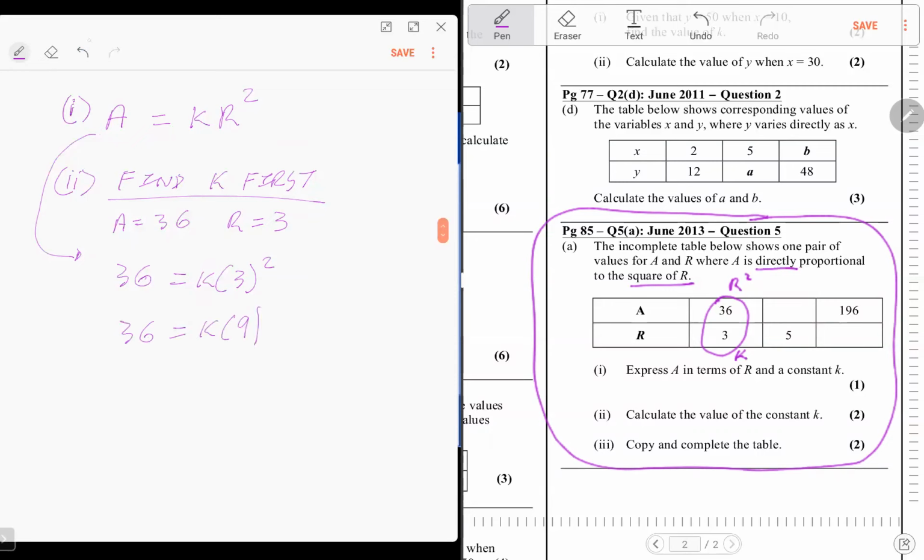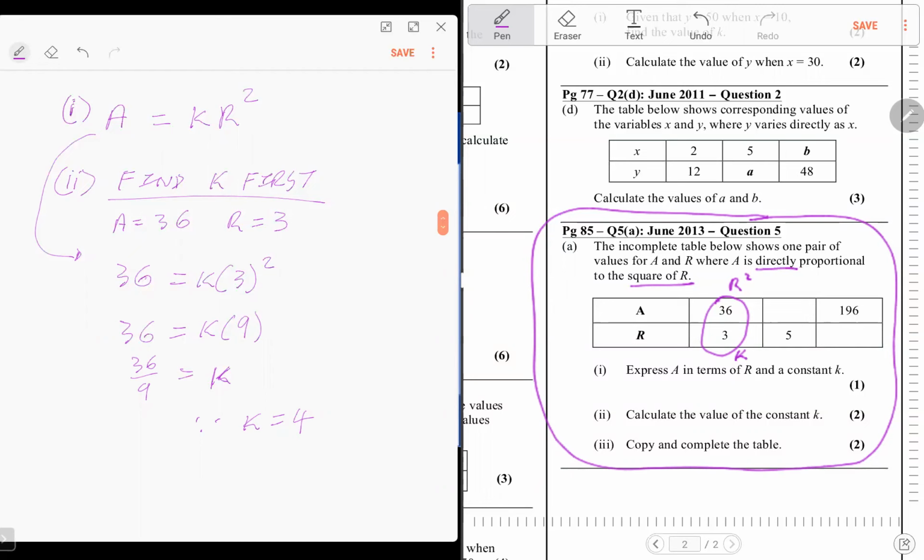Now we need to find the K. Divide by the 9. So the K is equal to 36 over 9, which is 4. Therefore, K equals 4. That's the answer for part 2 in this question. In some other questions, you just need it without them asking you for it.